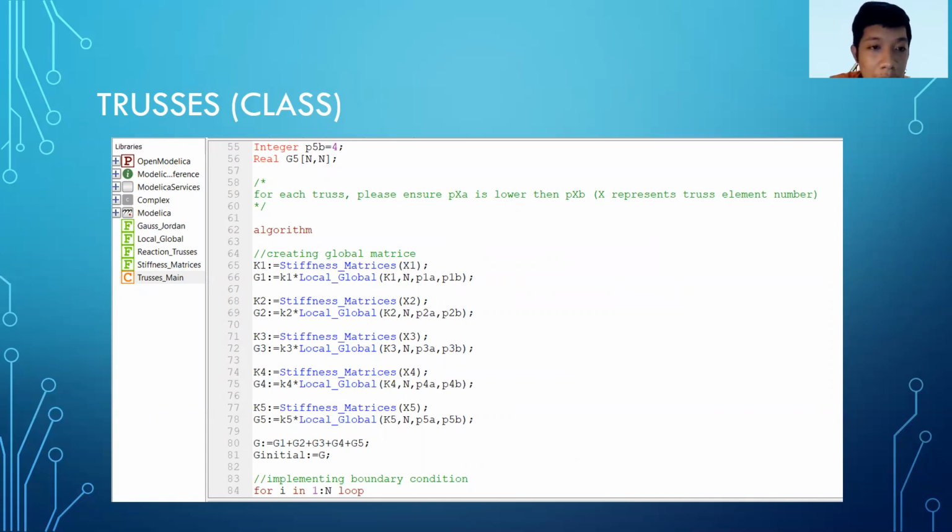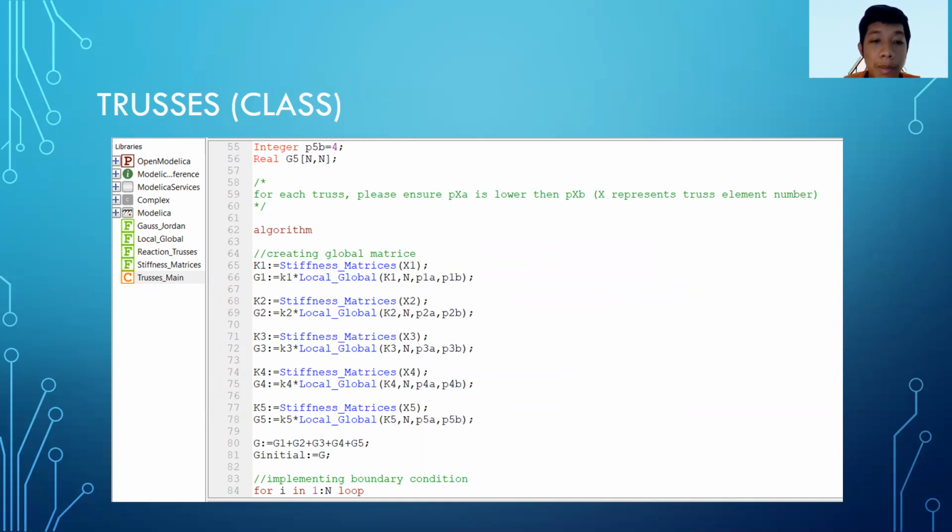The same steps apply for K2, truss 2, 3, 4, and 5. Now we add G1, G2, G3, G4, and G5 to equal G, and we name the G as G initial.